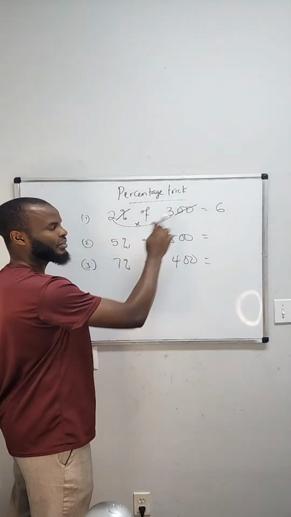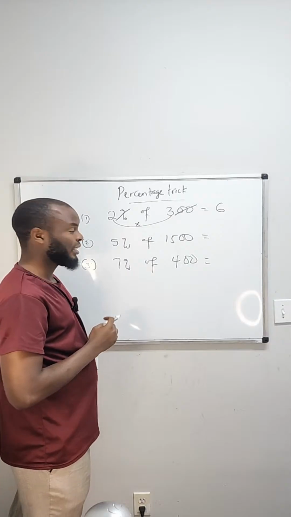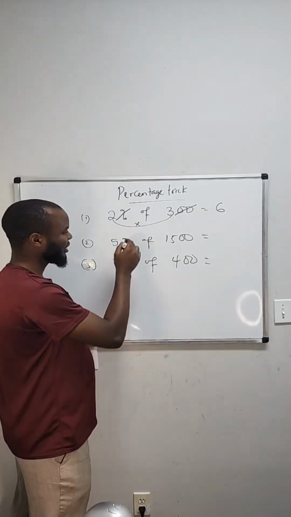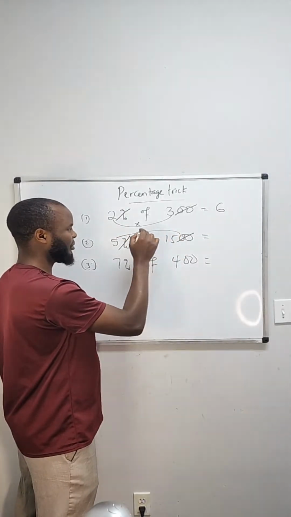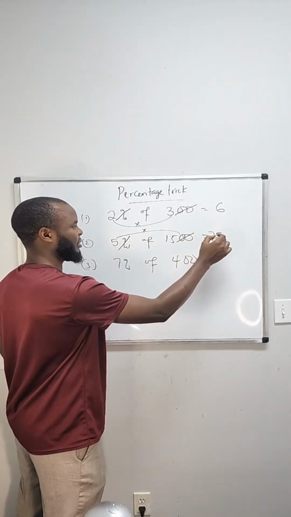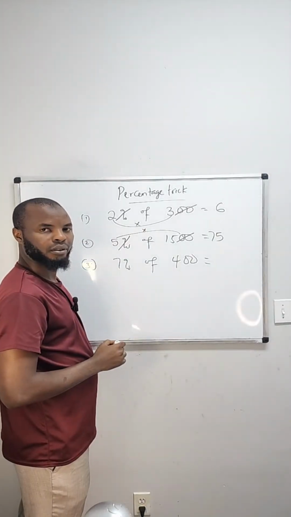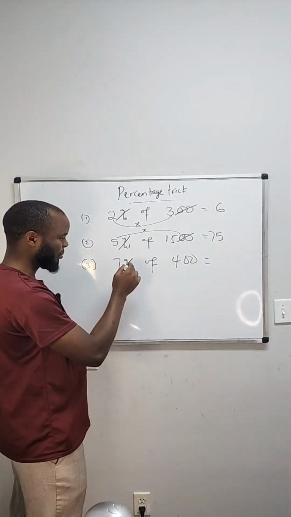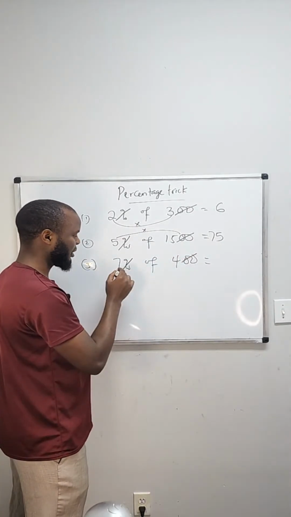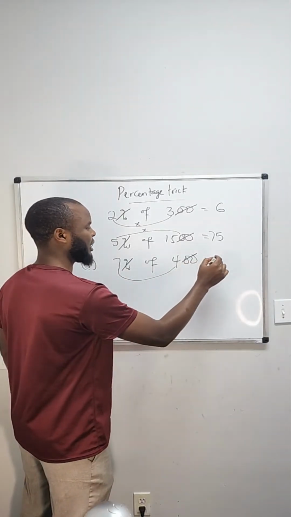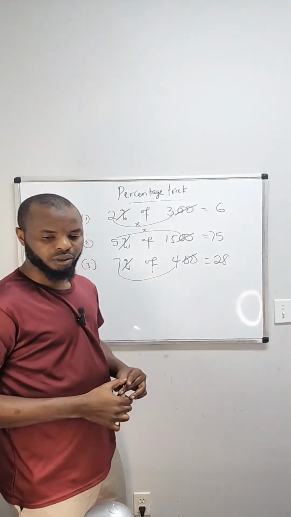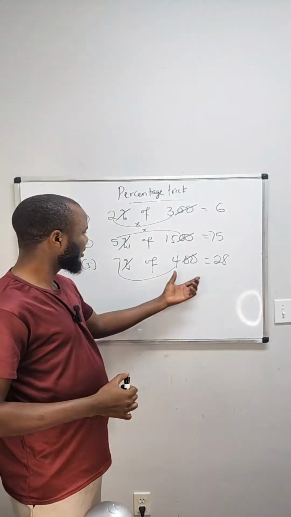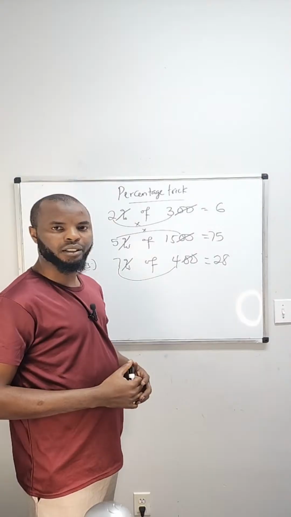Here, the percentage cancels out the 2 zeros. 5 multiplied by 15 gives 75. Here, the percentage cancels out these 2 zeros. 7 multiplied by 4 gives 28.